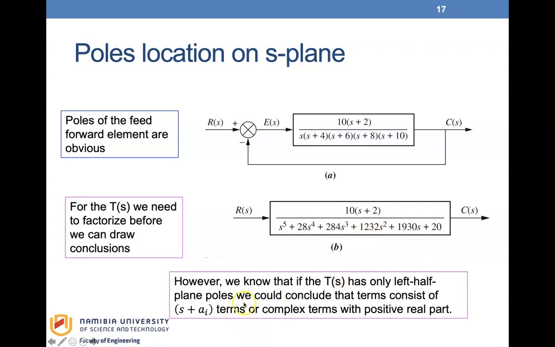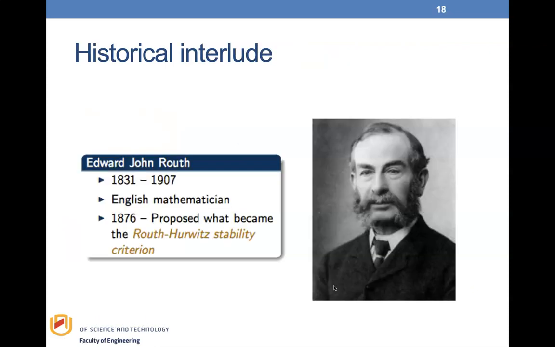So what we need to do is to find a way where we can tell from the transfer function, even though we have not factorized it into S plus A1, S plus A2, S plus A3, that with this characteristic function, we're able to tell where the poles are located on the S-plane. And that is where the Routh criterion comes into play.